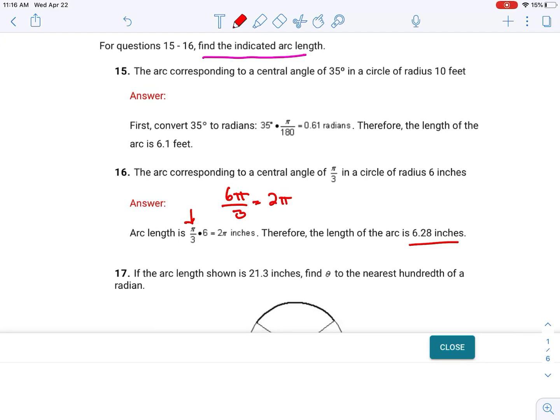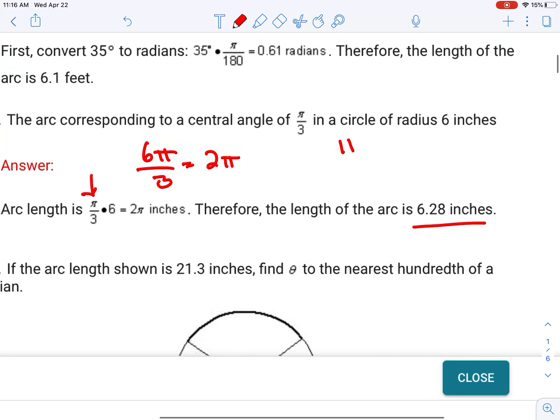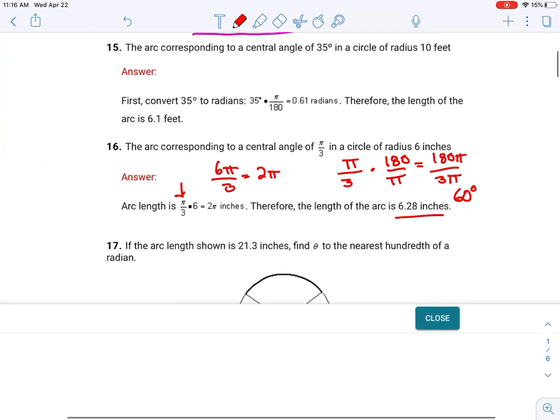Just so you know, we already know what the answer is here, but if I were to make pi over 3 degrees, I would multiply it by 180 over pi, and that would give me 180 pi over 3 pi, which gives me 60 degrees, okay?